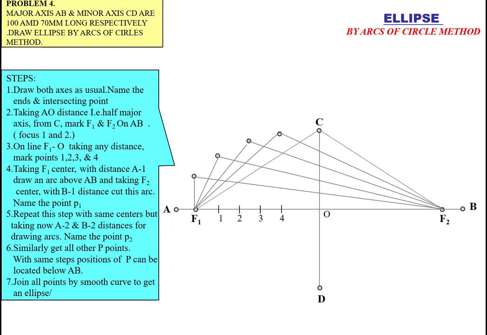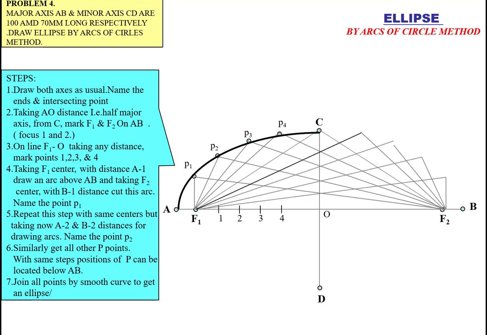Same method we have to use on the other side. We got 4 points P1, P2, P3, P4 and join them from A to C. Same method and same arcs we have to draw on the other side.